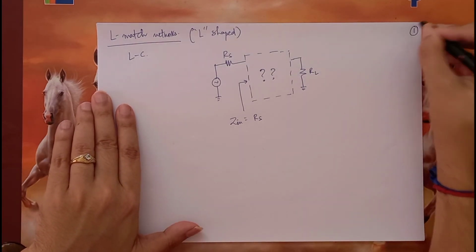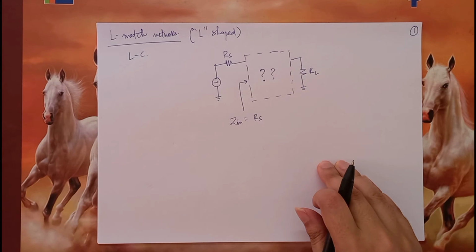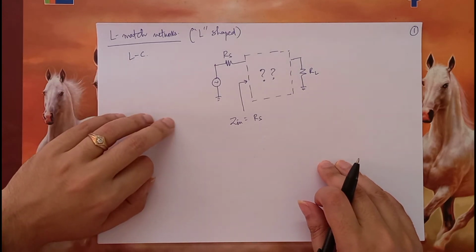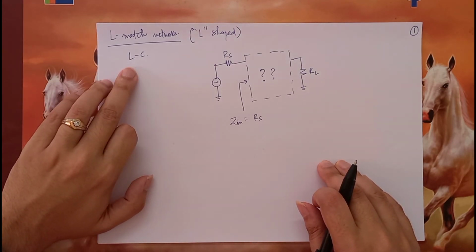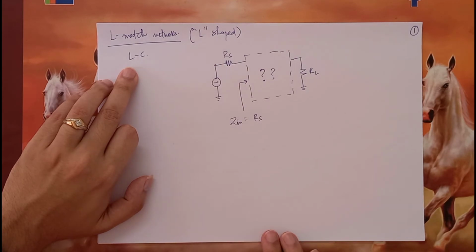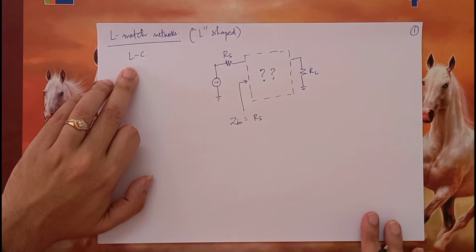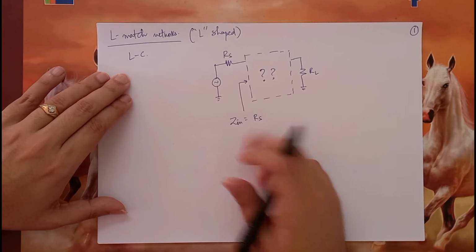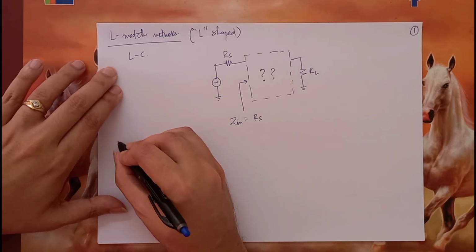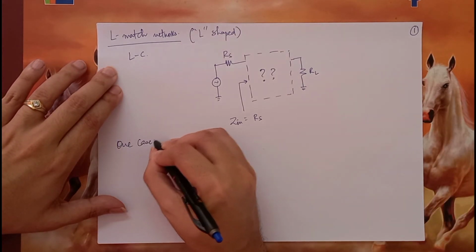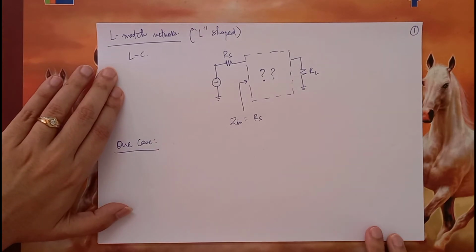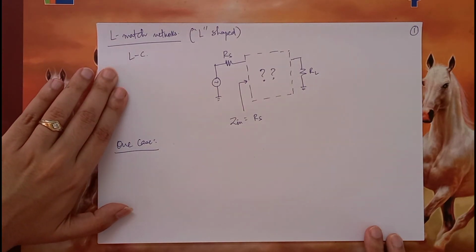So let us apply that LC concept, or an L match network. We can use series C, parallel L, or parallel L, series C. Multiple possibilities are there, so let us start with one possible example. If we can solve for one case, we can solve for others also.